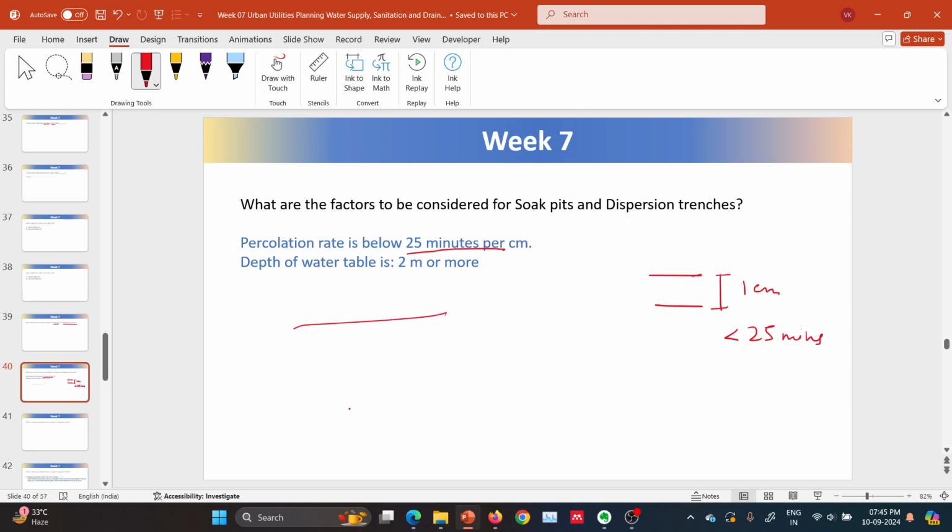The depth of water table should be more than 2 meters, greater than or equal to 2 meters. These are the two requirements of soak pits and dispersion trenches.